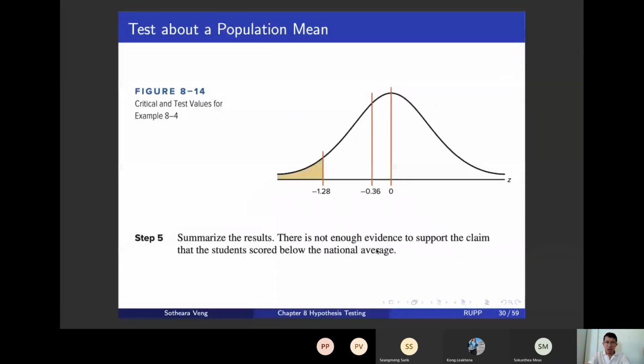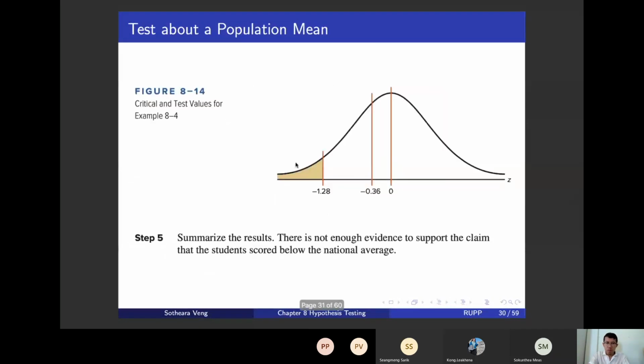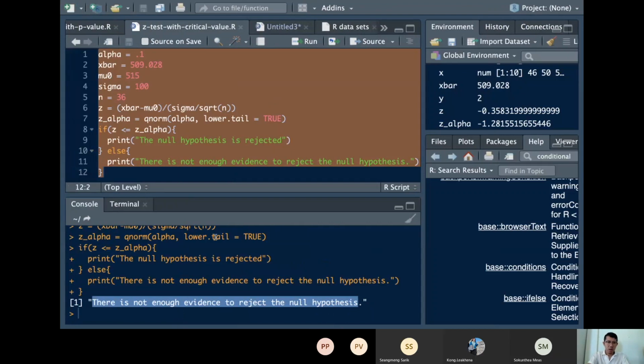We end up with there is not enough evidence to support the claim. It means that we do not reject H0, right? And by R, we found that we do not reject the null hypothesis. Just come up with the same result.